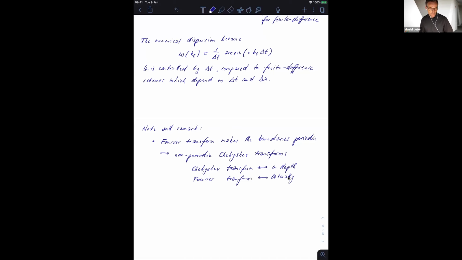That's one remark. Another remark is about the computational aspect of the method.